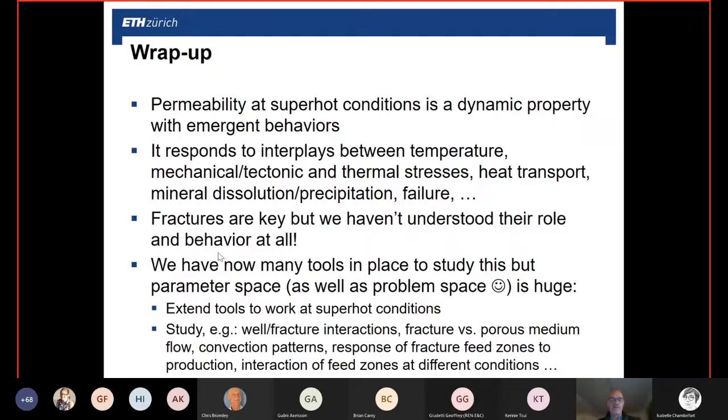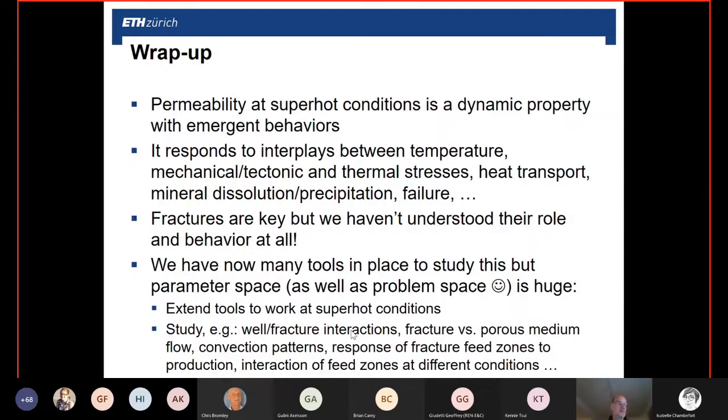Thanks to people like Eddie and James, we now have many tools in place to study this, but the parameter space, as well as the problem space, is huge. We have to extend these tools, or some of them, to work at superhot conditions, and then we can study things like fracture interactions.